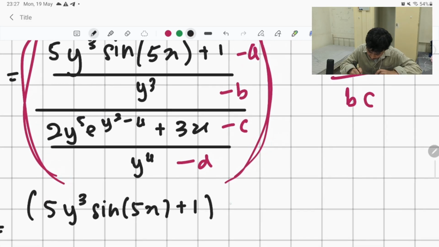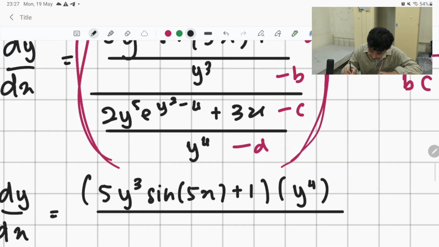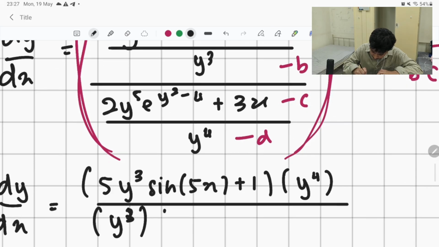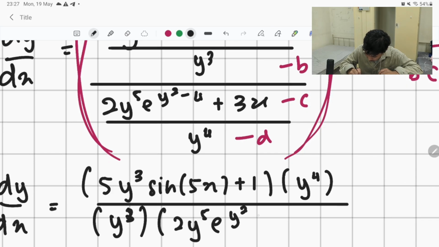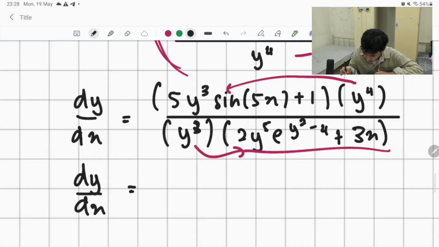So this is A, then multiplied by y to the power of 4 over BC. So B is y cube and C is 2y e to the power of y squared minus 4 plus 3x.